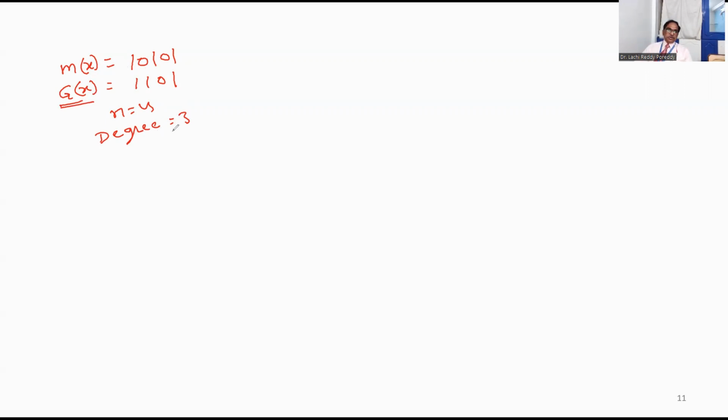Now as the degree is 3, the message is 10101 and the degree is 3, so append 3 zeros on the LSB side. Now this is what we have to divide with 1101. In this division, what we generally do is subtraction, but in this particular case, we'll be doing the XOR operation.